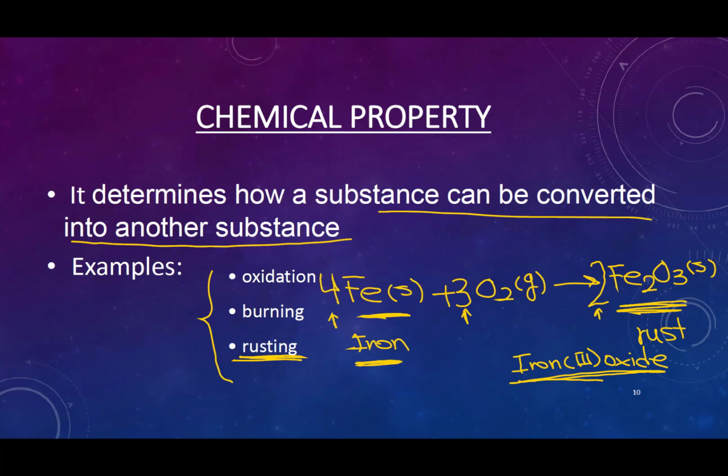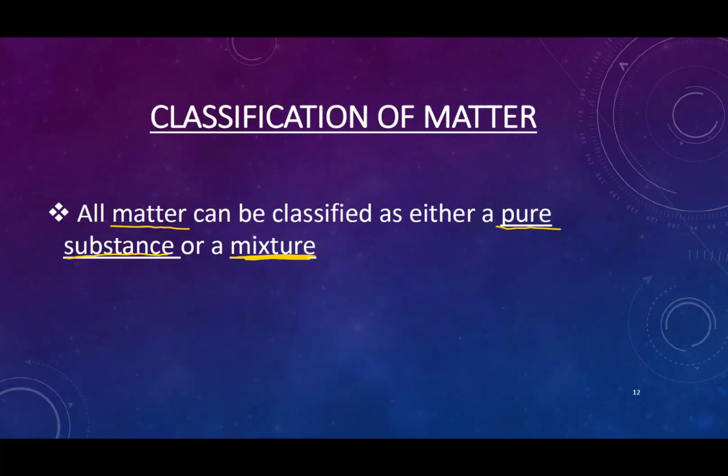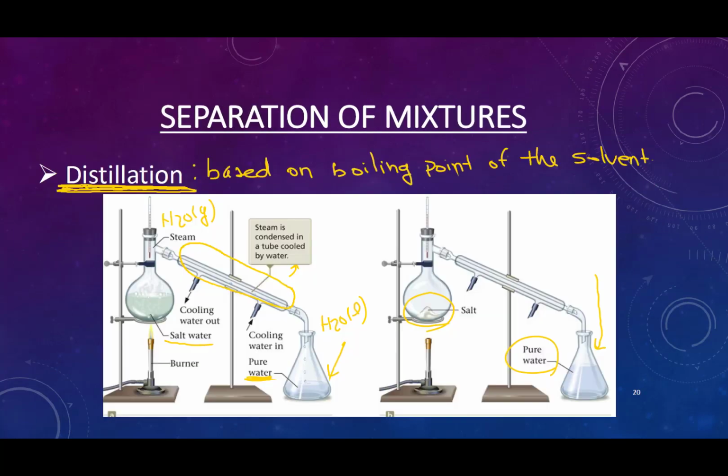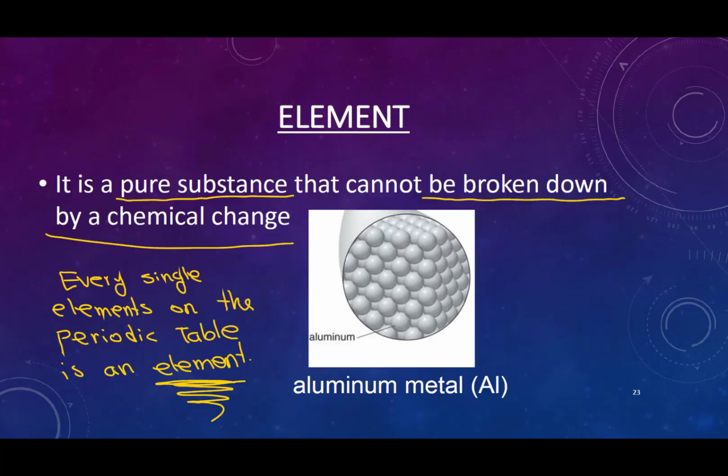I did that because I wanted to make sure I have the same number of each atom on each side. On the left side I have 4 iron, on the right side I have 4 iron. On the left side I have 3 times 2, which is 6 oxygen. On the right side I have 6 oxygen. Then I did this balancing, adding these coefficients to follow the law of conservation of mass.